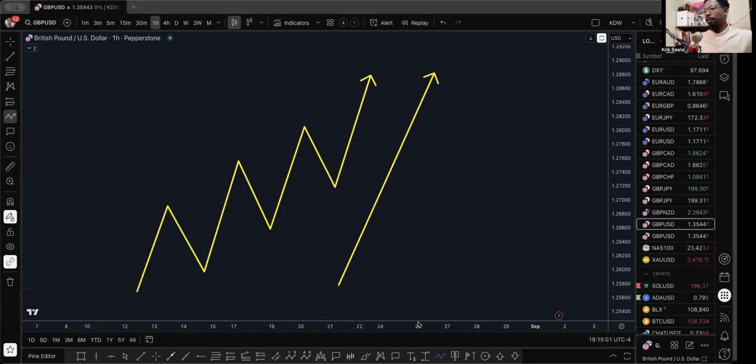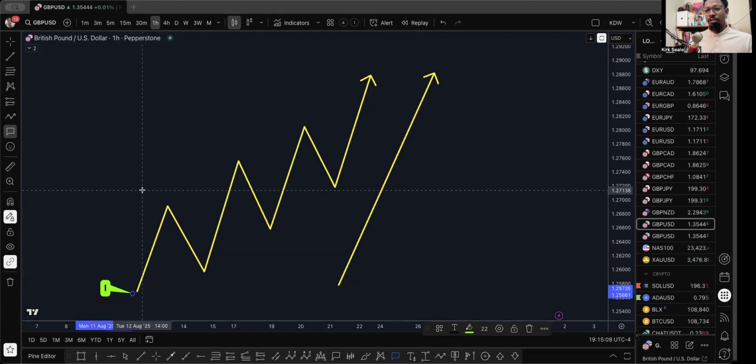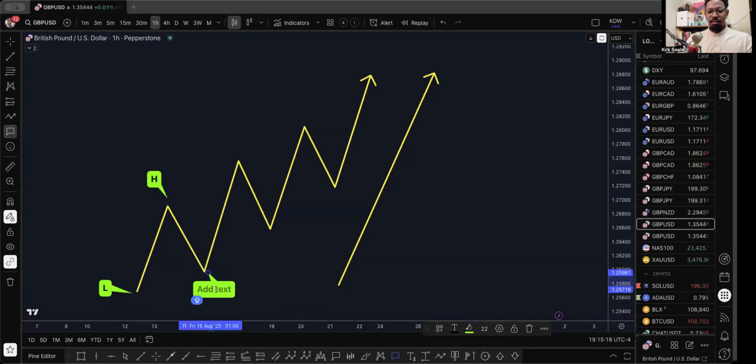Okay. Now, when it's going up and down like this, we know that it's in the uptrend because it has a series of higher highs and higher lows. So it's going to start with a low. Low, high, higher low. All right.